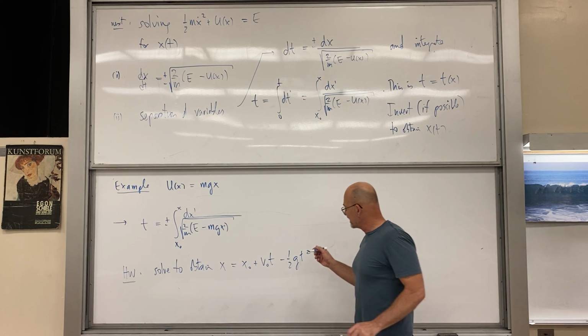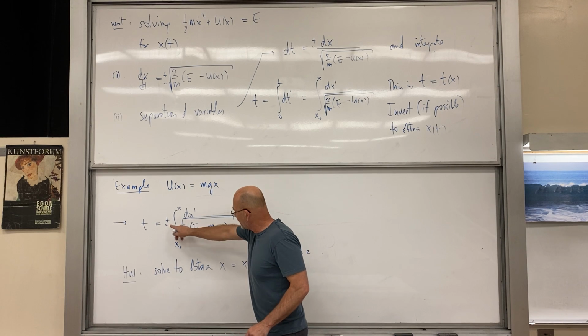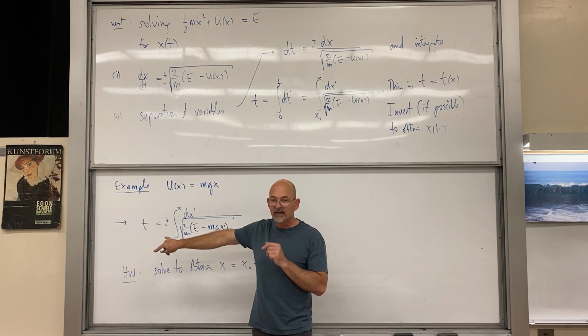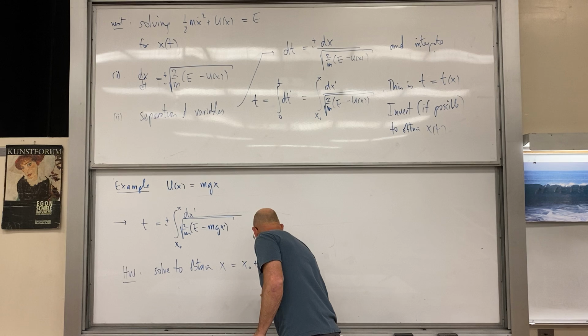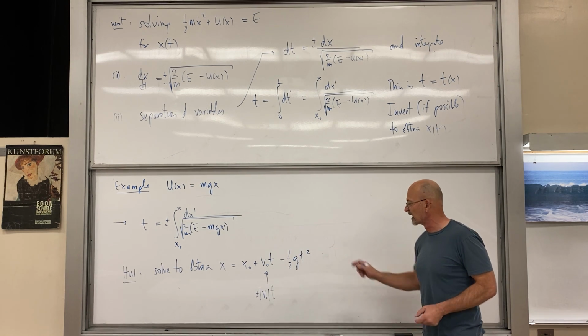What you're going to get is, because of the plus minus and the squaring that's going to go on here, you're actually going to get plus minus absolute value of v0 times t for that term.